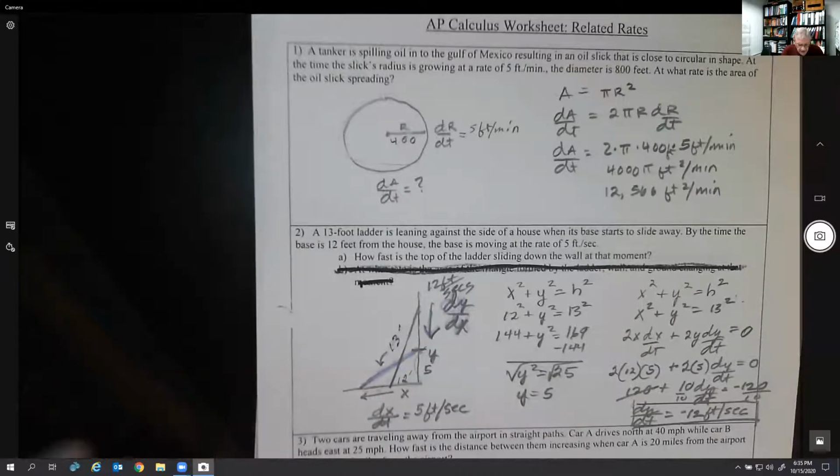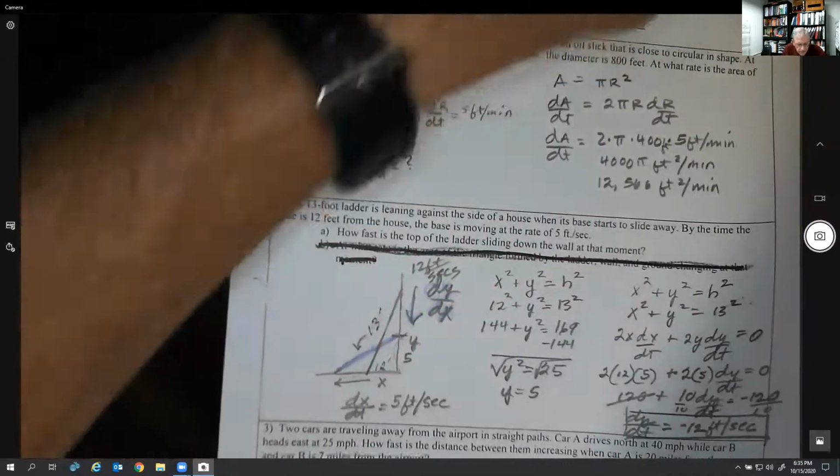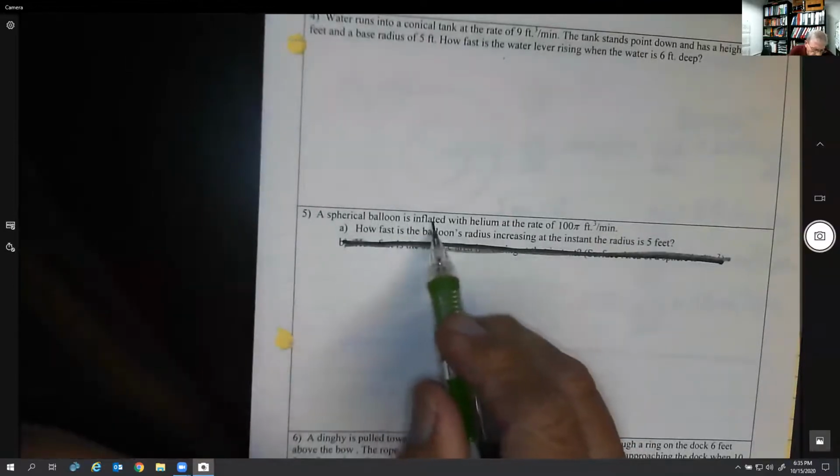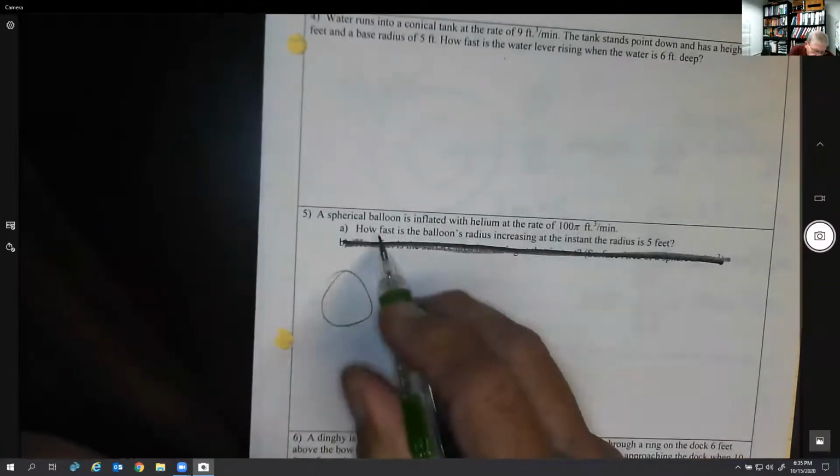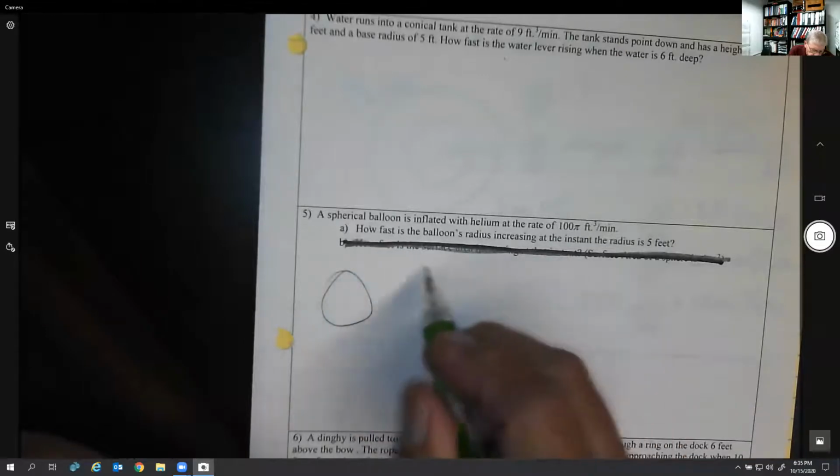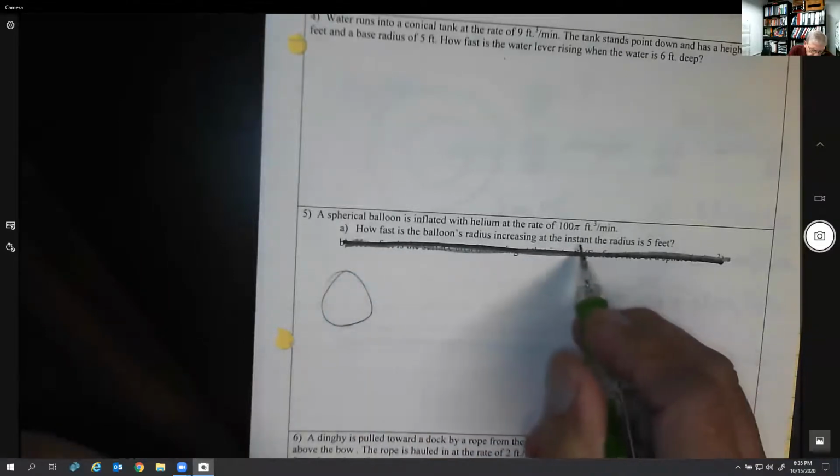Okay, so there's a couple, 3 examples. I think I have one more here. I haven't actually tried this one, so I'm going to try it now. It says a spherical balloon is inflated with helium, so it must be a circle kind of like thing. And how fast is the balloon's radius increasing at the instance the radius is 5 feet?